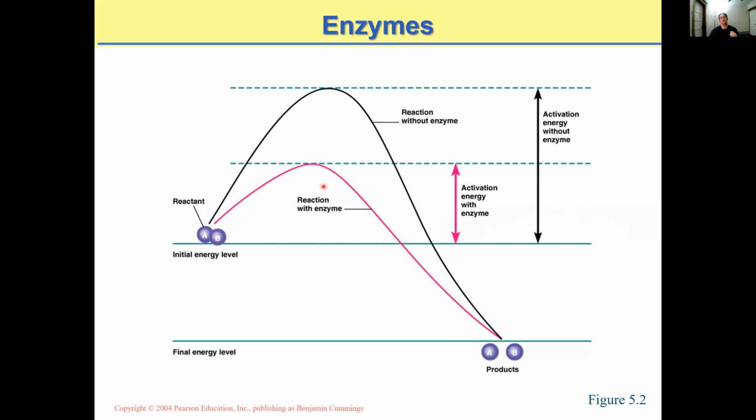So you're essentially decreasing the height requirement for the ride to take place, if you want to look at it through that little metaphor. You are essentially decreasing the amount of energy required for this split from AB to A and B to take place. You need less energy for that to happen now because you have enzymes.